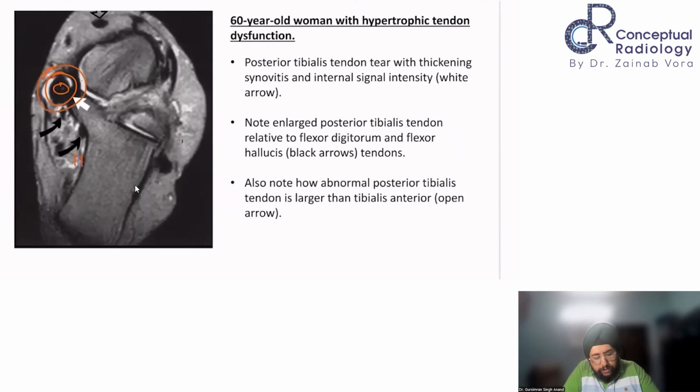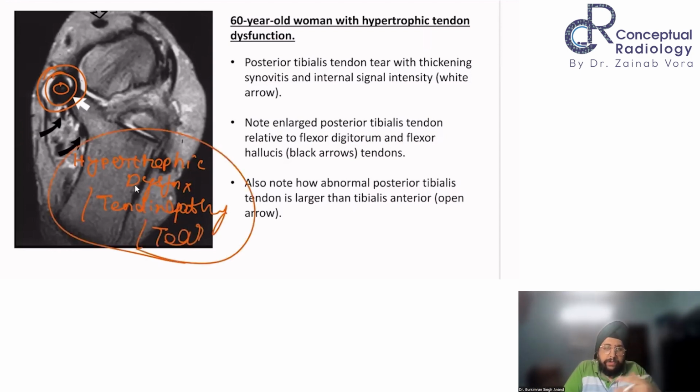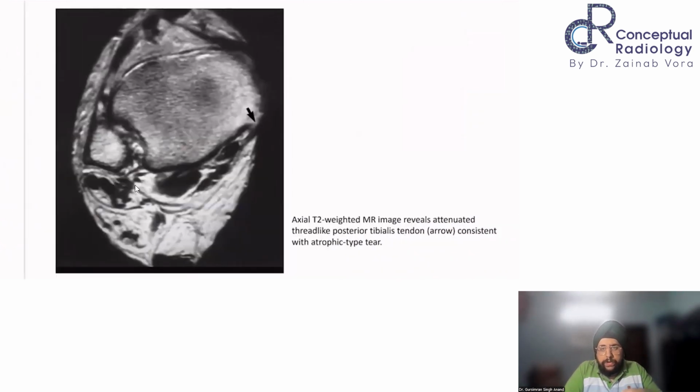So this is labeled as hypertrophic dysfunction. If you have your other images, you can confirm whether it's a tendinopathy or a tear. If you just get an axial image for this, you can write it as hypertrophic dysfunction of the tibialis posterior tendon, and if you have your other images, you can confirm whether it's actually tendinopathy or a tear.